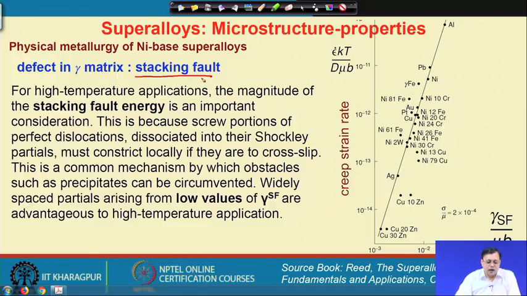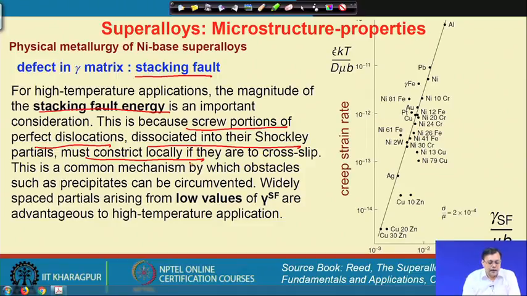In the case of the gamma matrix, we find that for high temperature application, this stacking fault energy is one of the important considerations, because the screw portion of a perfect dislocation is dissociated into Shockley partials and must constrict locally if they are to cause slip.